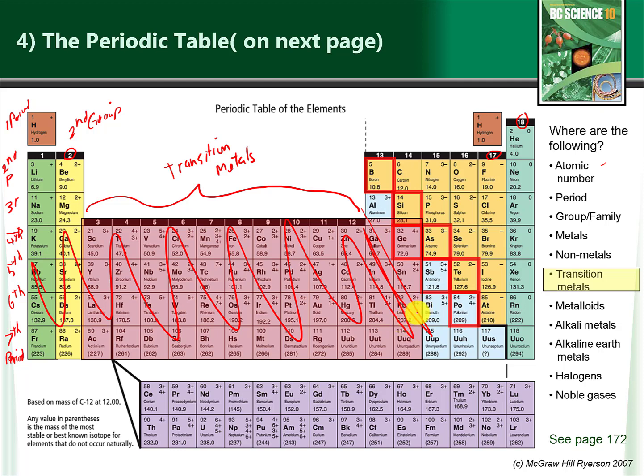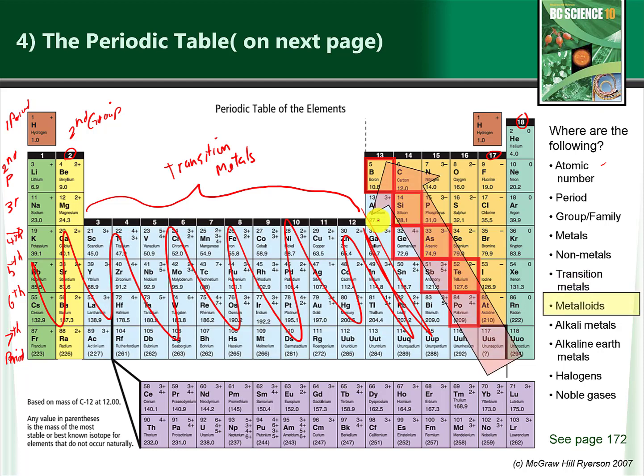They're not transition metals. So I do have a problem with my little animation here. Why don't I fix it? I don't know. I could do it every year. Last but not least, locations on the table is the metalloids. Metalloids are the staircase.